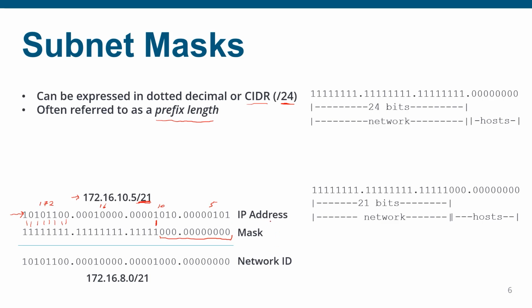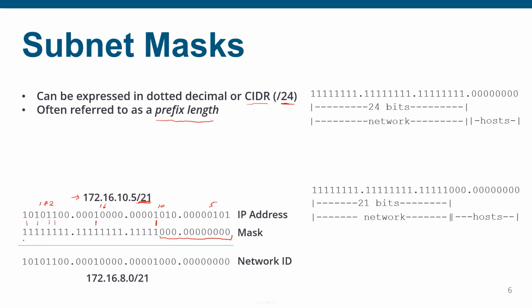In order to determine what the network identifier is, the first address that is in that network, we do a logical AND operation, which means both corresponding numbers must be a 1 in order for the resulting number to be a 1.